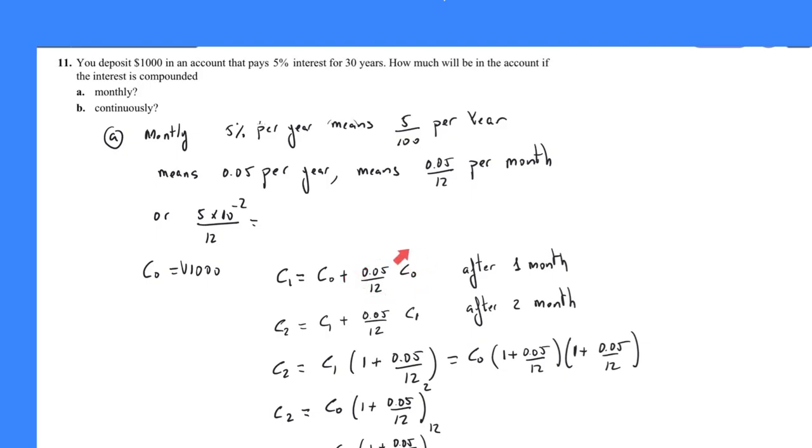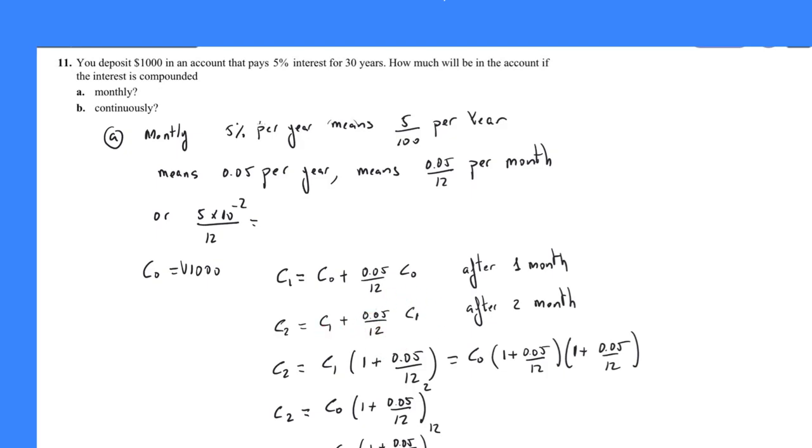And the earning of interest is the 0.05 divided by 12, that is the interest rate per month, multiplied by 1,000. So this will be again the equation for C2: C2 is C1 plus what you earn.